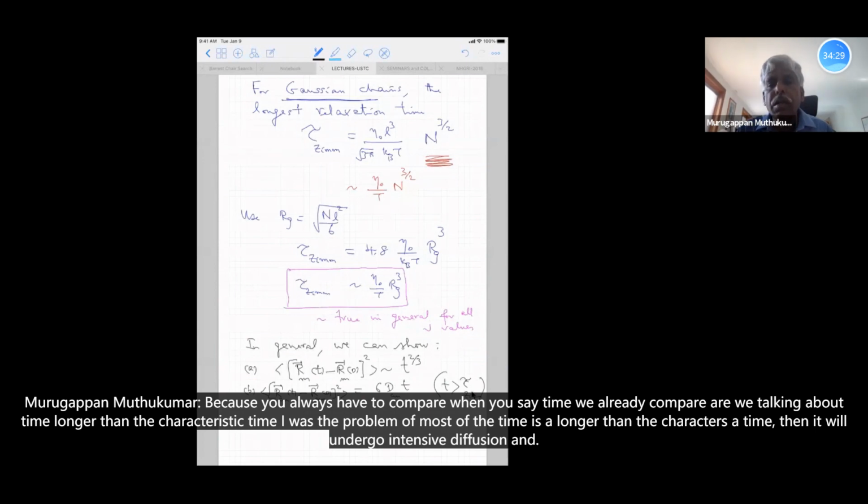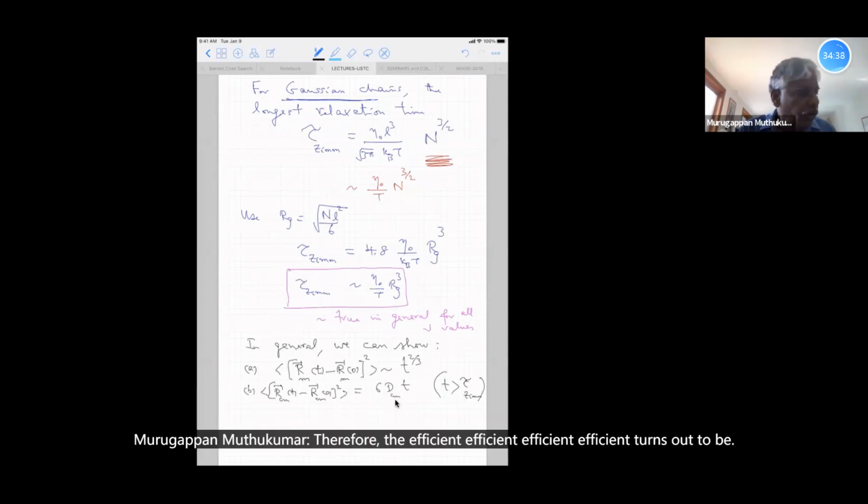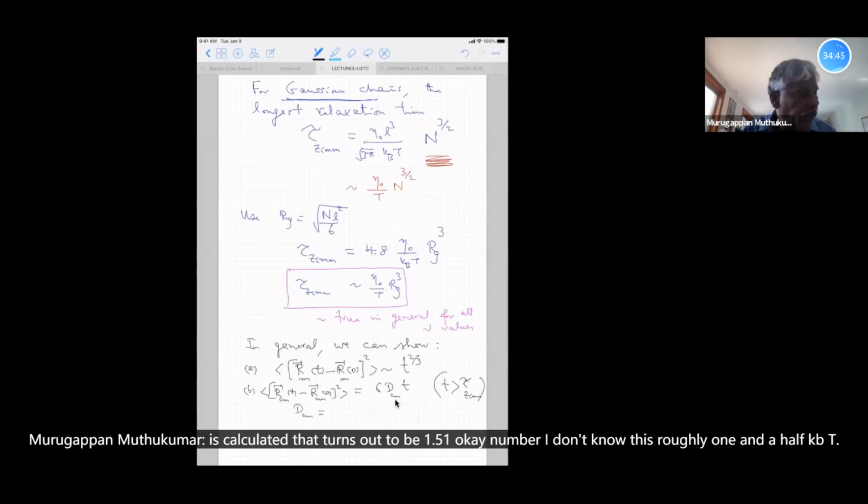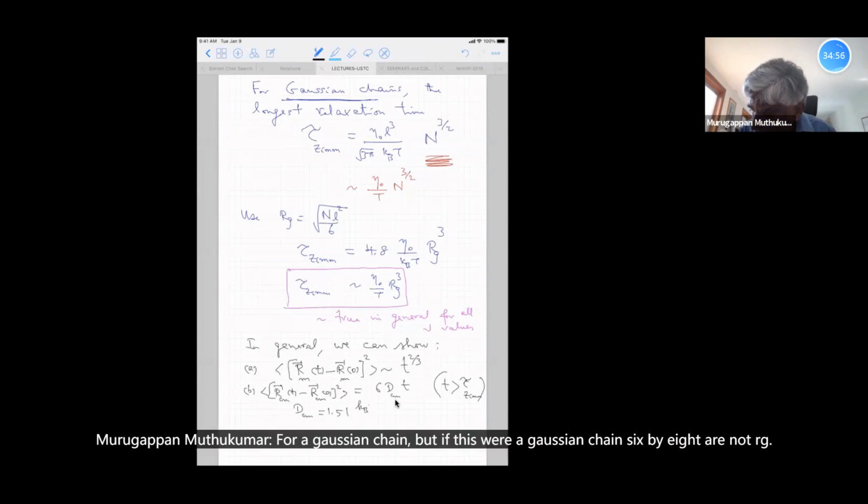If the time is longer than the characteristic time, then it will undergo Einstein's diffusion, and therefore there is a diffusion coefficient. When you calculate it, that turns out to be 1.51 kBT, a number I remember, roughly 1.5, for a Gaussian chain, over 6 pi eta naught Rg.